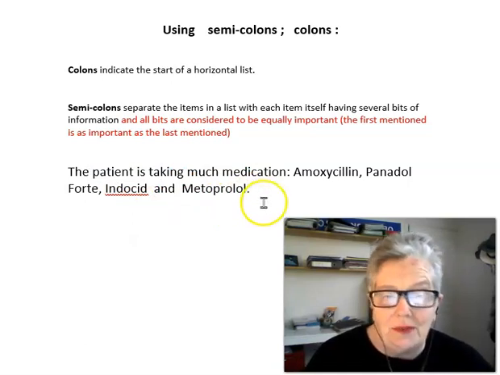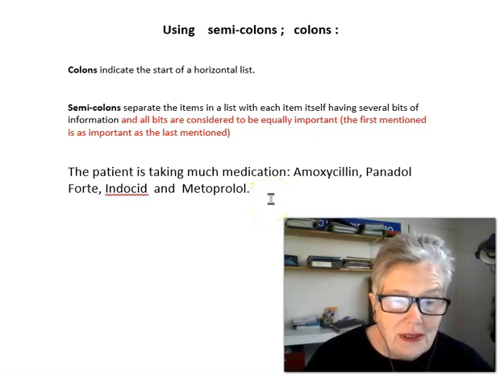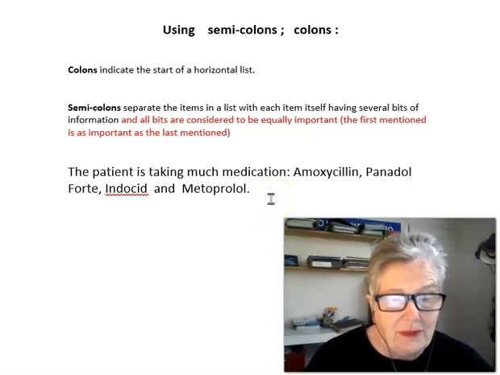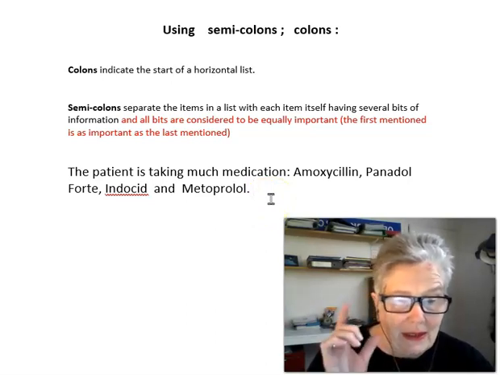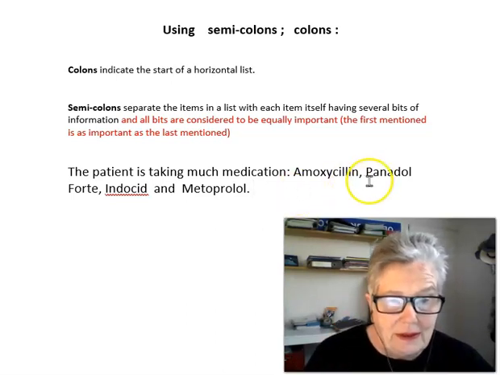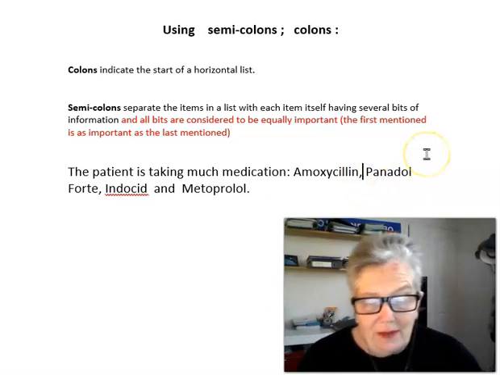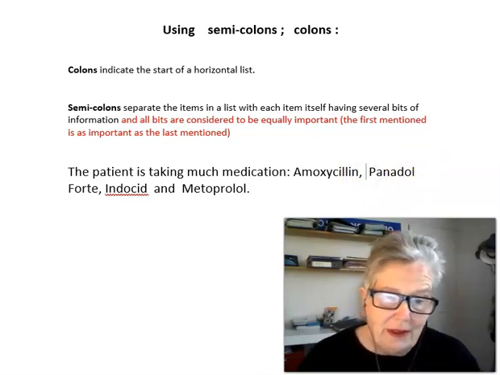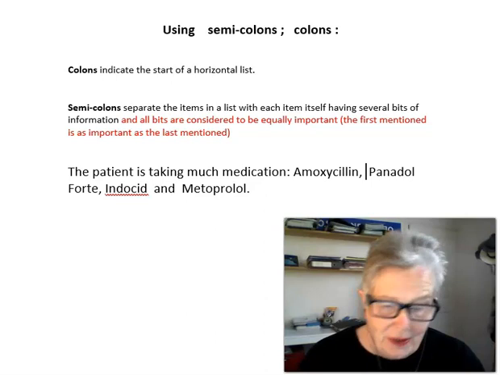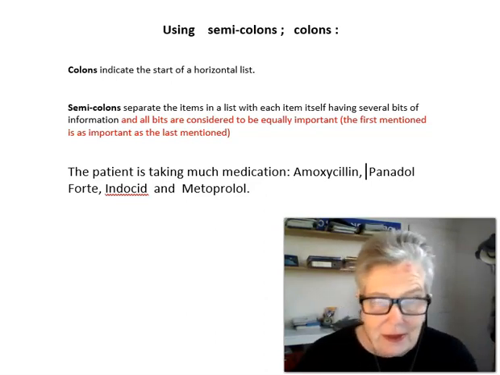Now, you might need to put in the actual dosages and frequency, how heavy a dose and how often. So it's amoxicillin, and just bear with me because I'm not a pharmacist, all right?